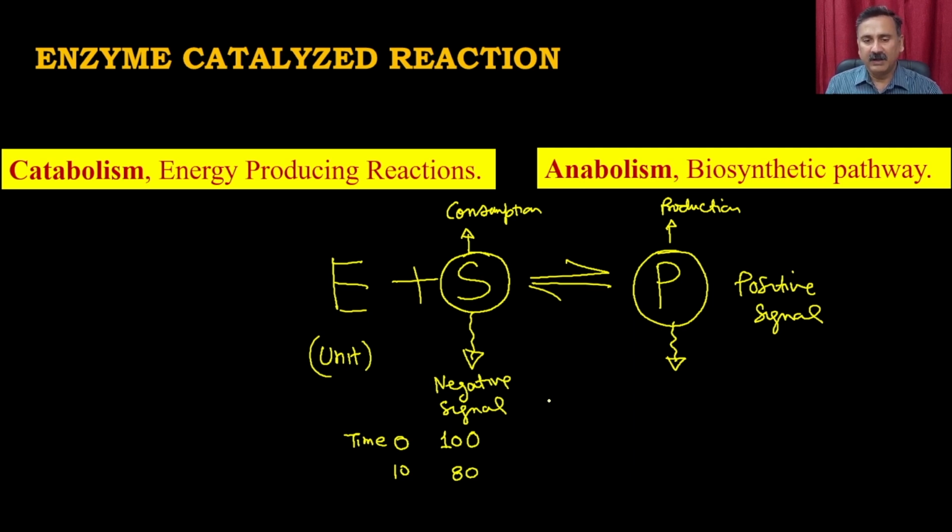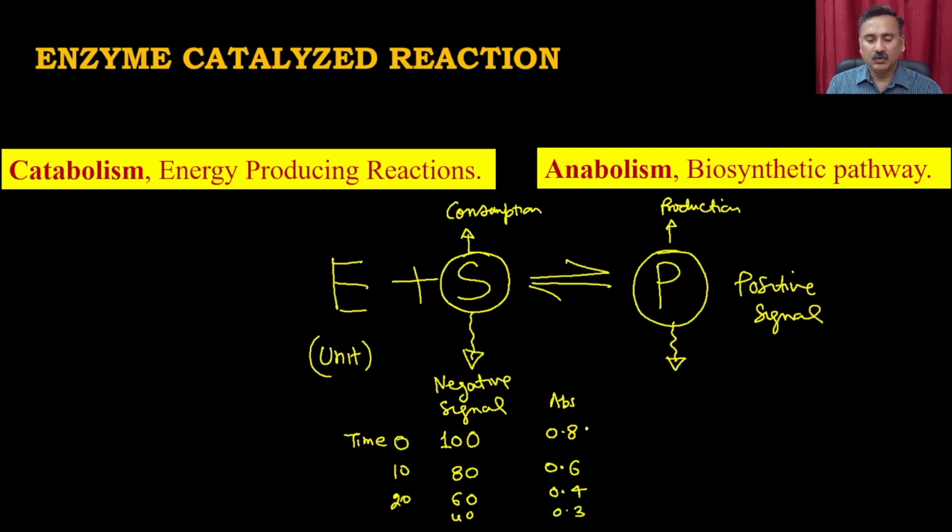If 100 molecules have an absorbance of 0.8, then 80 molecules will show an absorbance of 0.6. After 20 minutes you will have 60, 40, and so on, and ultimately it will be 0. Similarly, you will have a decrease in absorbance.